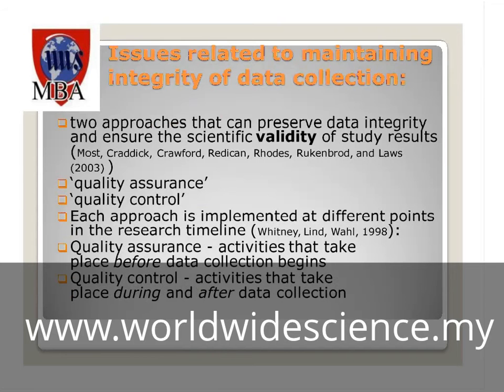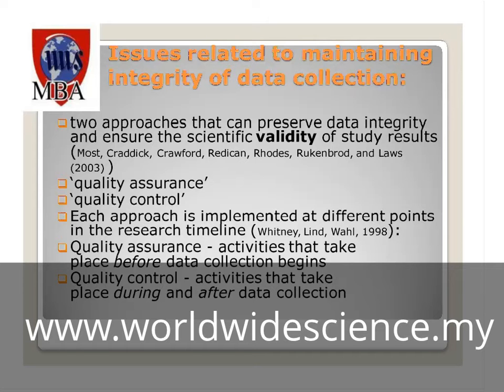Okay. Issues related to maintaining integrity of data collection. Alright, two approaches that can preserve data integrity and ensure the scientific validity of study results are quality assurance and quality control. So these two approaches can preserve data integrity and ensure that you have validity in your research.